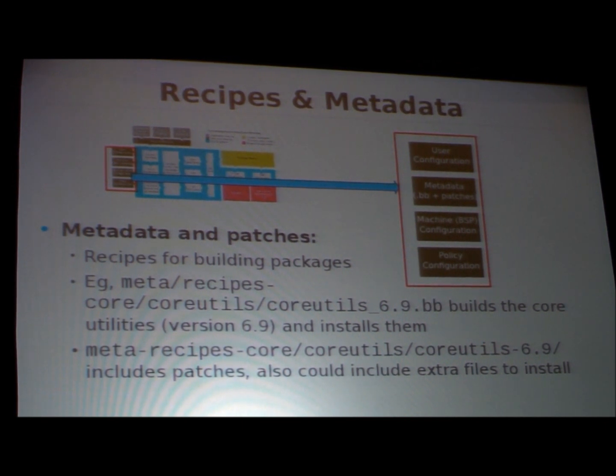Each recipe describes where the upstream is via source URL, whether it's HTTP, whether it's a Git or SCM or SVN type of environment, and it will then go off and collect that. We can encode information in the recipe that if it's autotools, if there's autoconf, that it will run autoconf automatically for you and run make, and there's just a whole slew of information that you can encode there.